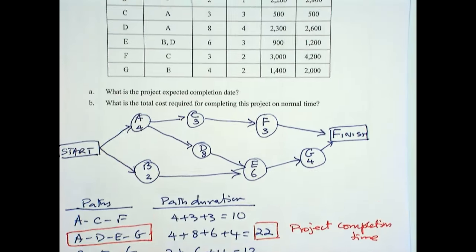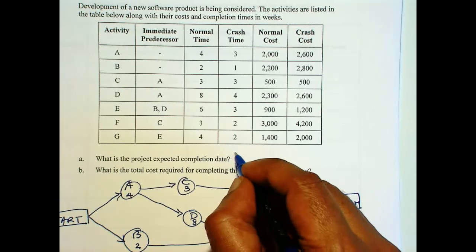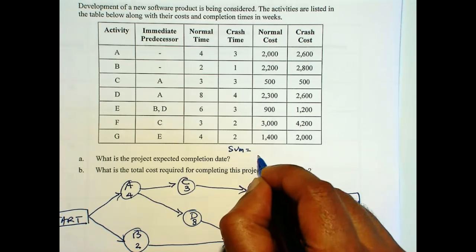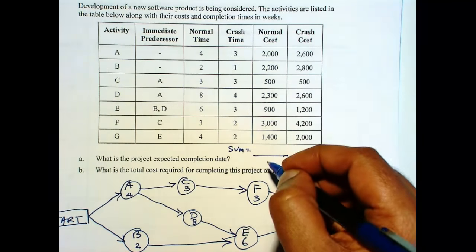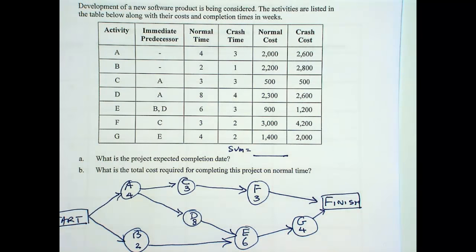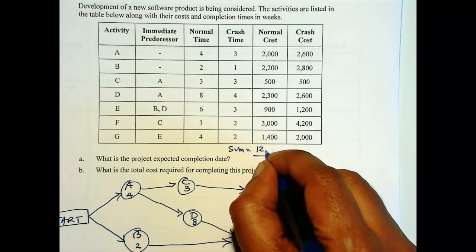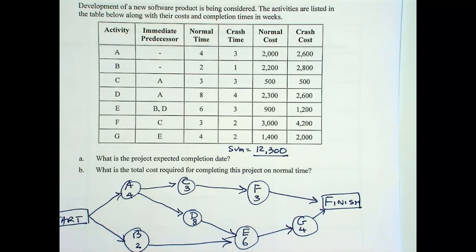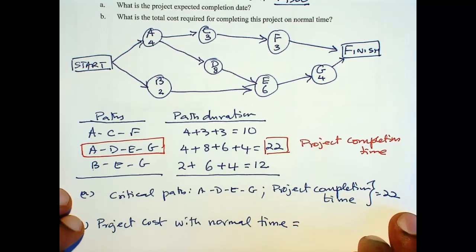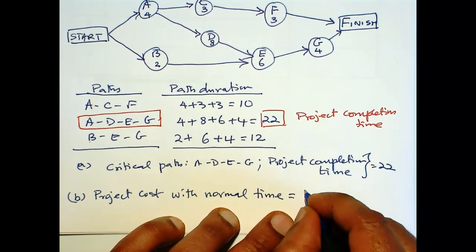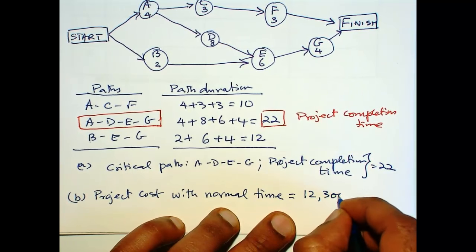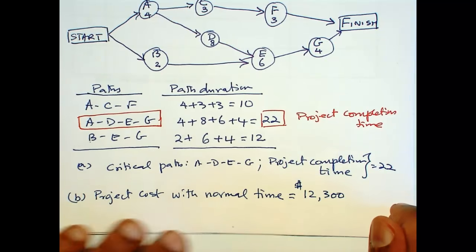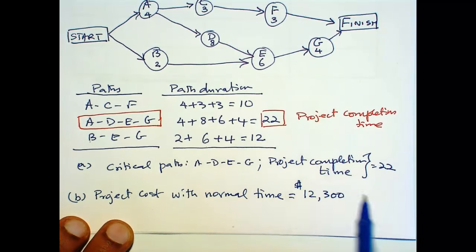So that's the basic cost. So under normal conditions, your project will take 22 months and the cost will be 12,300. But let's now see how to do crashing. Okay, so this is the normal condition, and let's go to the next page.